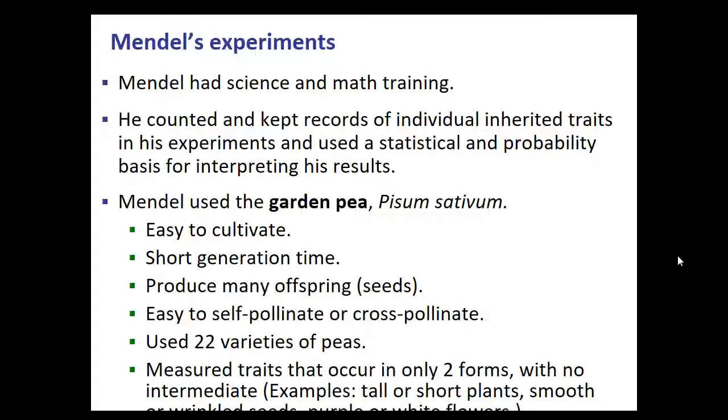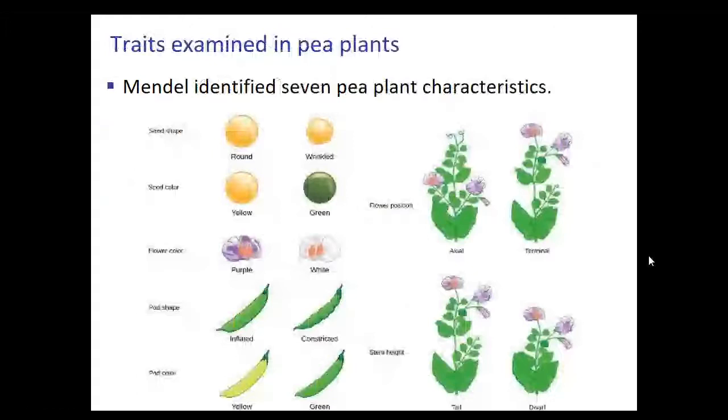For example, the seeds are either round or wrinkled. There's an allele for round seeds and an allele for wrinkled seeds. So every one of these pea plants would have seeds that are either round or wrinkled. There's no in between, just one or the other. Yellow or green seeds, no in between. Purple or white flowers.